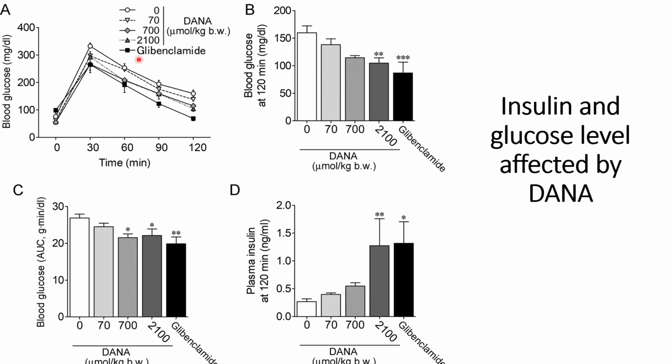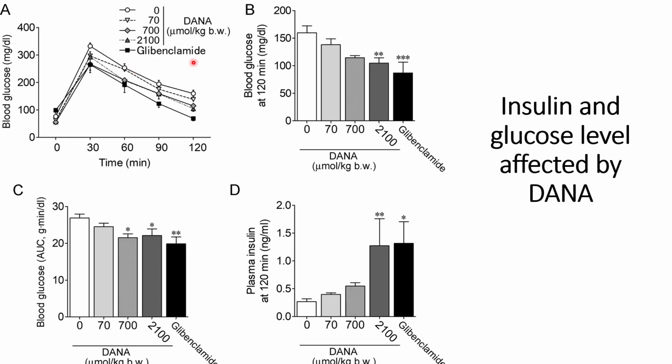First they checked the blood glucose level in panel A at different time intervals, and for the positive control they used glibenclamide. It inhibits the ATPase and helps in the increase in the insulin level independent of blood glucose. So this acts as a positive control.